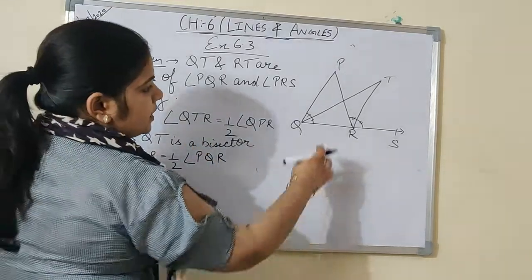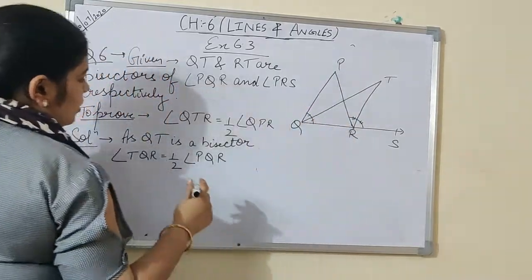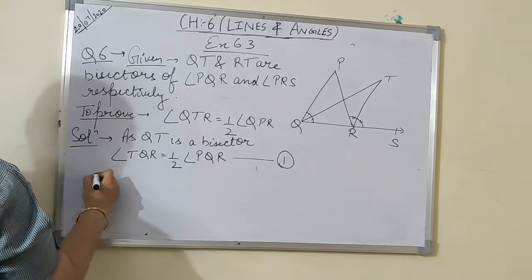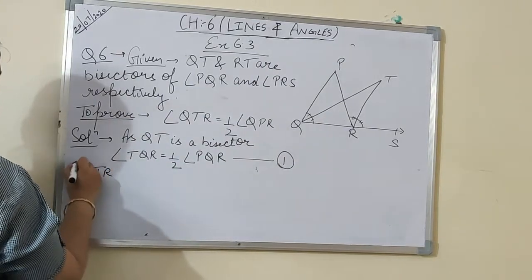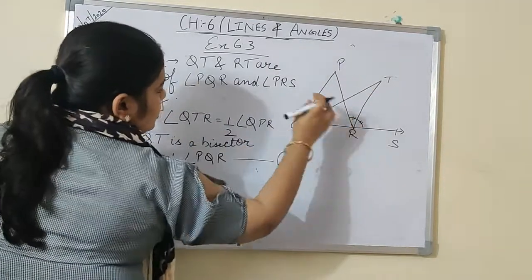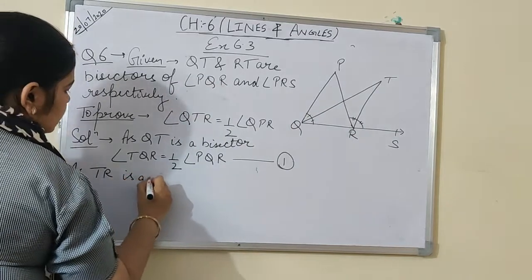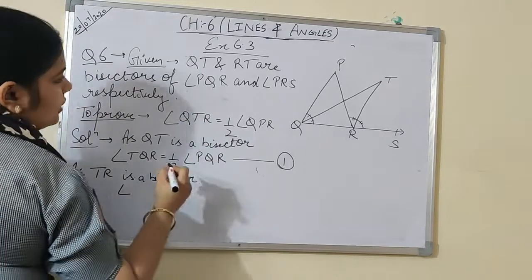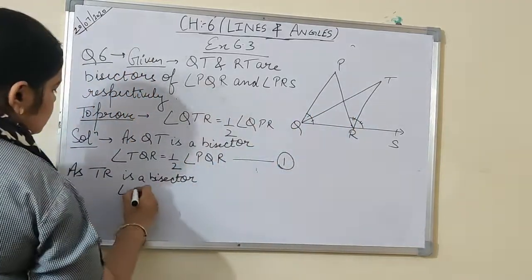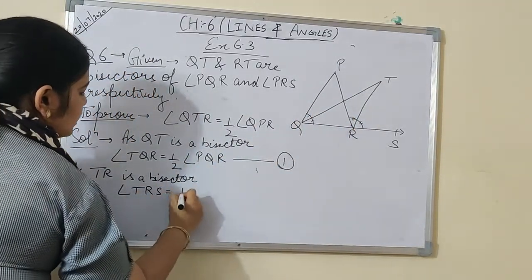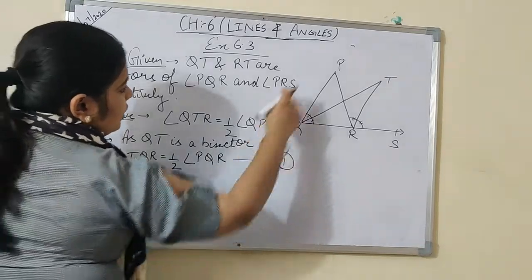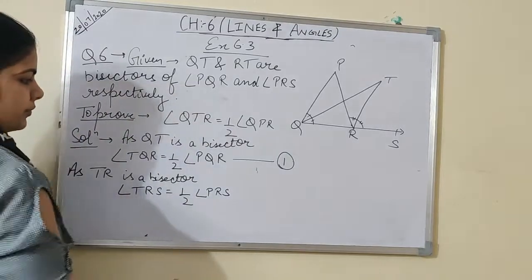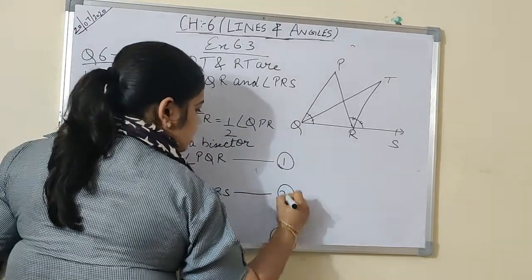Is this clear? TQR is half of PQR. Then name it as equation number 1. Then you can write that as TR is acting as a bisector, so what can I write? That angle TRS is half of angle PRS. Yes or no? So I can mark it as equation 2.